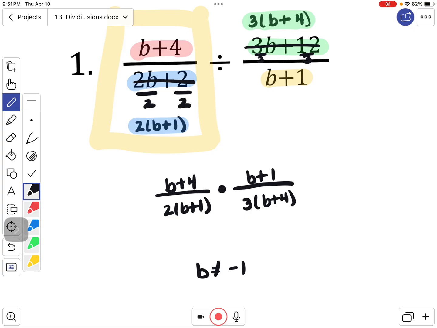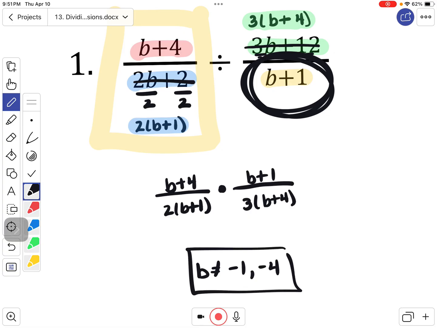It was a positive 4, so now it's going to be a negative 4. And then we had that b plus 1, and I'm going to circle it here, we had that originally on the bottom. So because it was originally on the bottom, we have to showcase that one too. And it was a plus 1, and the opposite of plus 1 is negative 1. We already showed that, so we don't have to show it again. So these are going to be my undefines.